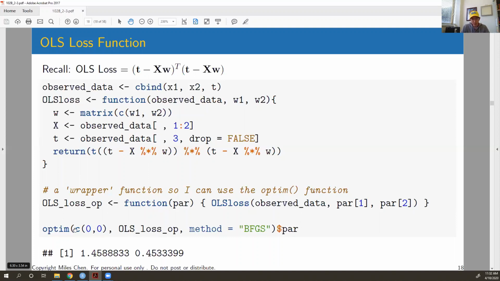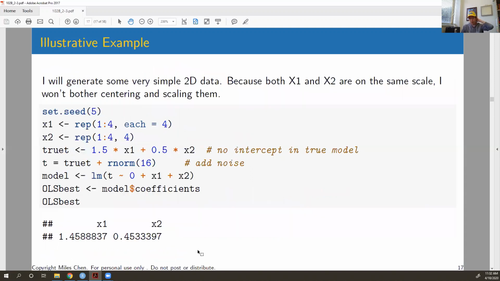So here we have it, and when we run optim, it says the values of W1 and W2 that minimize this least squares function that we wrote up here are 1.45883 and 0.4533399, okay? Which is pretty much what lm has found. We found these values by doing lm, and it's almost exactly the same.